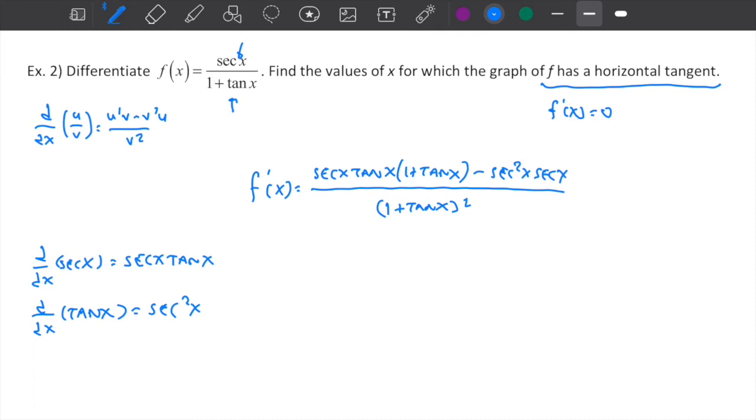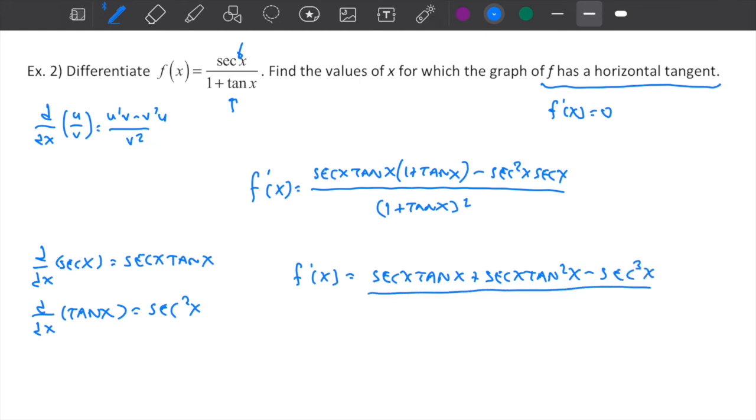Neatening things up a little bit, we have f prime of x. We're going to have secant x tan x plus secant x tan squared minus secant cubed, all over 1 plus tan x squared.